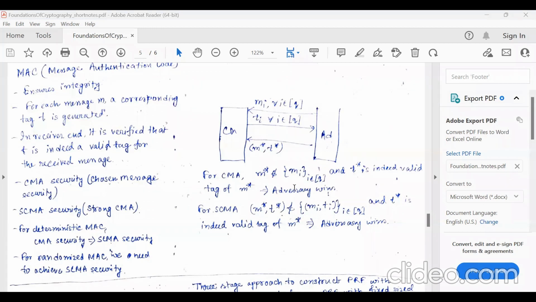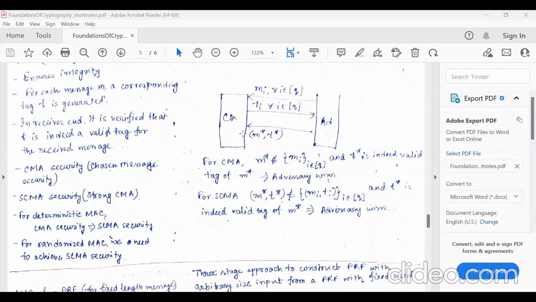So why is that so? So basically, I just said that for deterministic MAC, CMA security implies SCMA security, because in deterministic MAC, for each Mi, you will have only one Ti available because it is deterministic. So in case of randomized, for same message Mi, you can have several possible tags, okay, in the tag space.